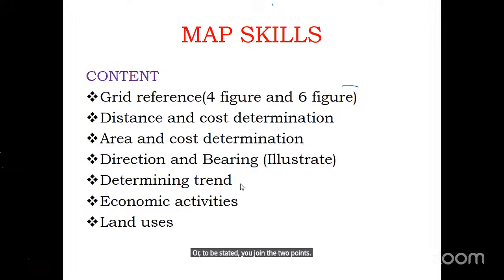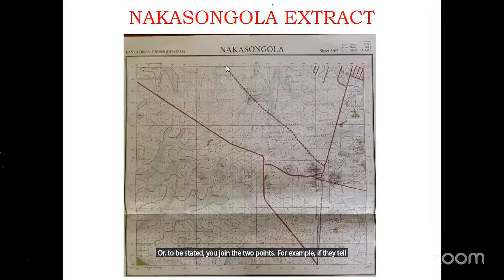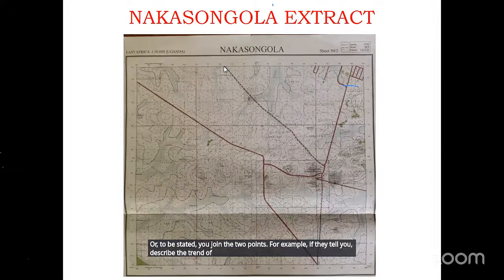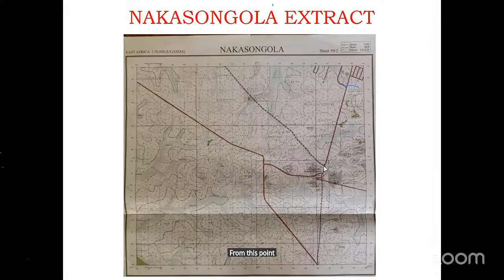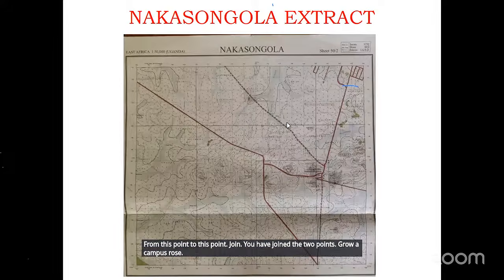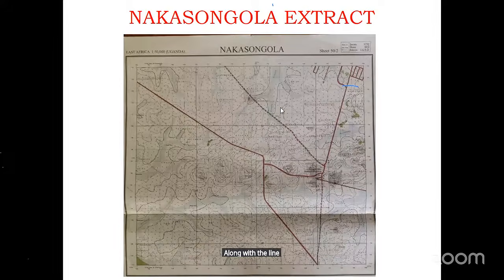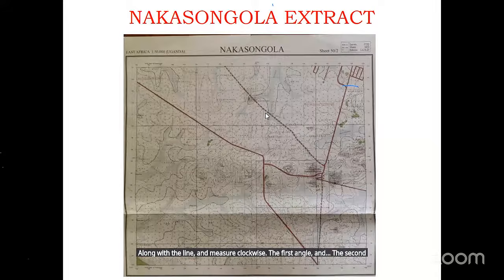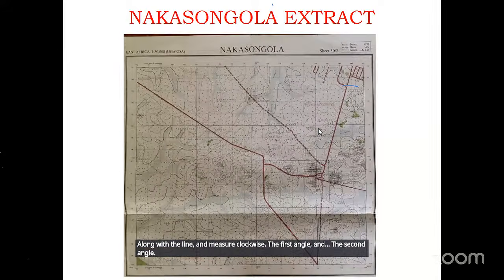For example, if they tell you, describe the trend of this loose surface road from here up to here, it means that you are going to draw a pencil line from this point to this point. You have joined the 2 points. Draw a compass rose along the line and measure clockwise the first angle and the second angle. It is stated in degrees.